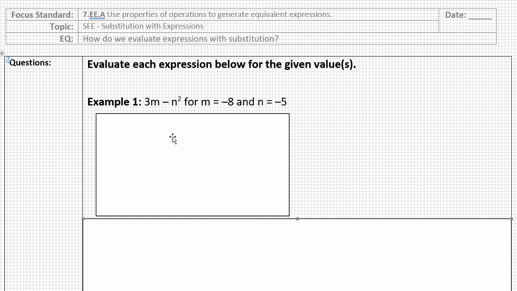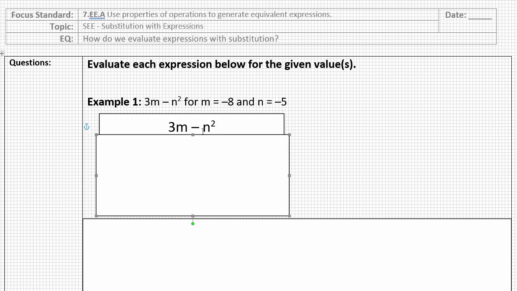We're going to treat this as a problem out of a textbook or off a worksheet, so the first step is always to copy down the expression again into your work. So here I have it, 3m subtract n squared.